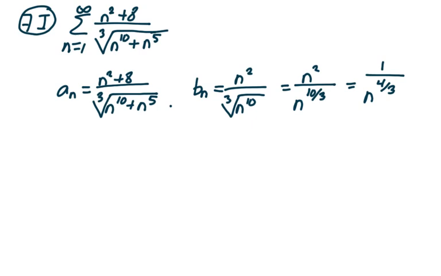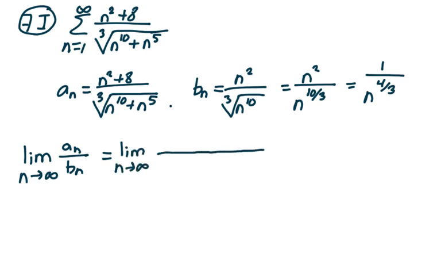Now, we're in the home stretch. So I'm going to take the limit as n goes to infinity of a_n over b_n. This is the limit as n goes to infinity of, now I get n to the 4 thirds times n squared plus 8 divided by the cube root of n to the 10th plus n to the 5th.